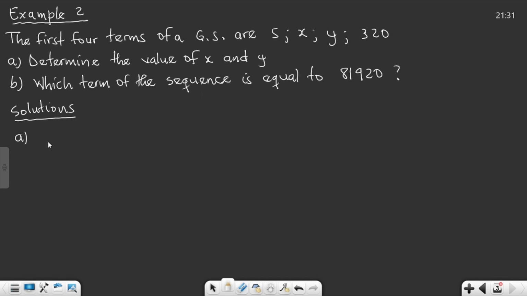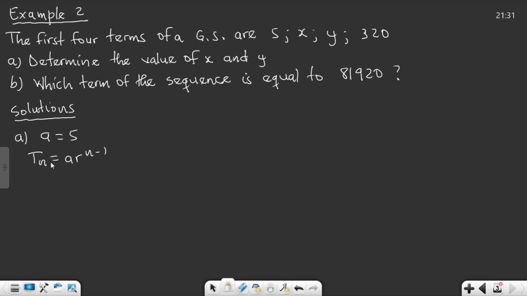Okay, so we say the first term is 5, so a is equal to 5. And we need this formula to solve for the common ratio r. If we have r, then we're going to multiply 5 by r and get x, and then multiply x by r and get y.